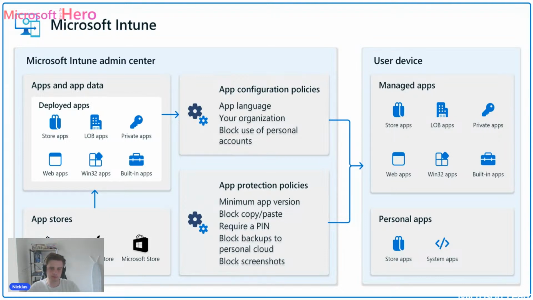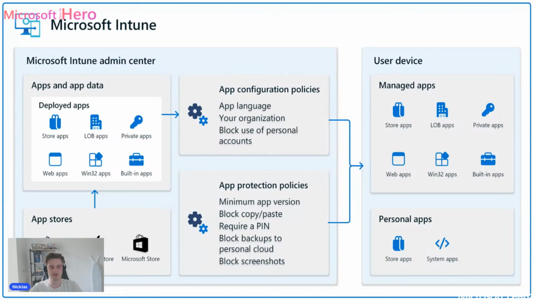So actually, as you can see on the screen here, we have something called app protection policies. And with those policies, we can, as an example, block copy and paste from Outlook. So it isn't possible to copy and paste anything outside of Outlook. And it's also possible to block screenshots as well. There are a lot of different opportunities in order to protect the company data.